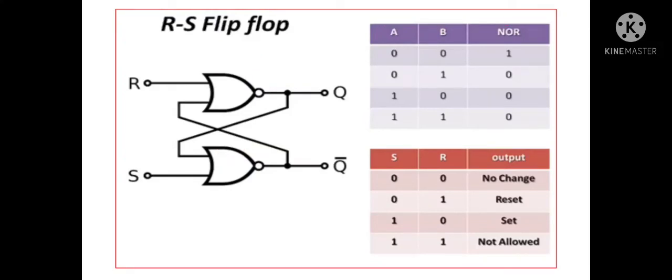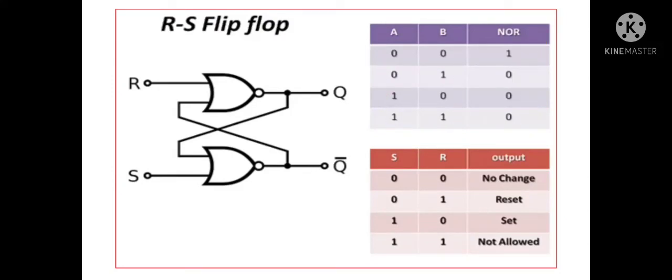If we observe this truth table of the NOR gate carefully, then it is seen that when both inputs are 0, 0, then only the output of the NOR gate is 1, and in all other input combinations, the output is always 0. That means from the remaining 3 input combinations, we can say that if any one input is 1, then the output of this NOR gate is 0.